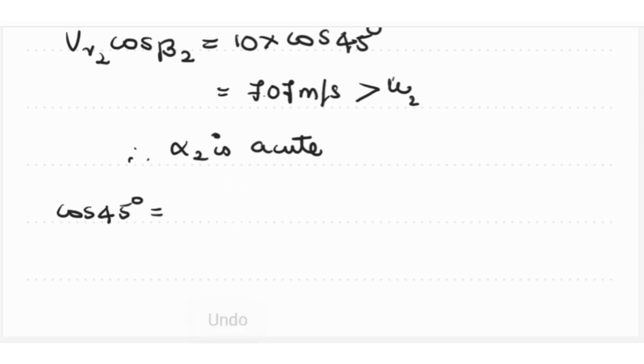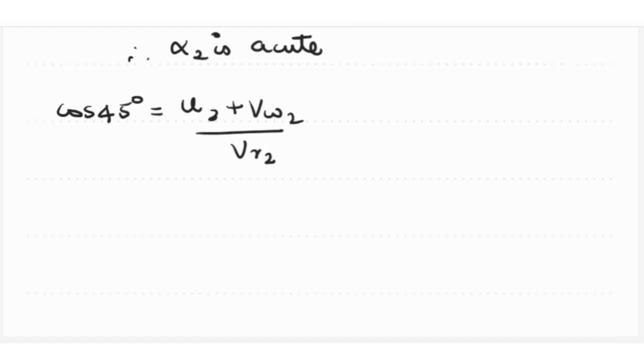So cos 45 degree is equal to adjacent side divided by hypotenuse. So adjacent side is U2 plus VW2 divided by VR2.